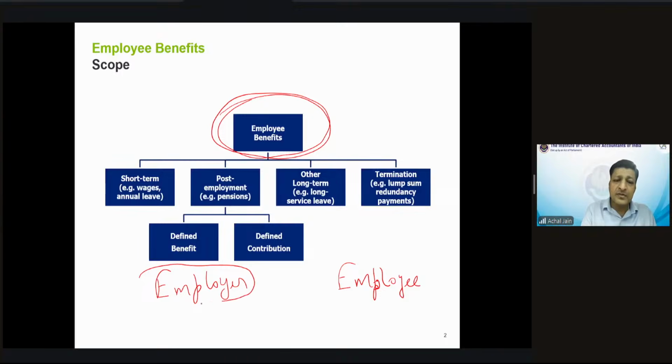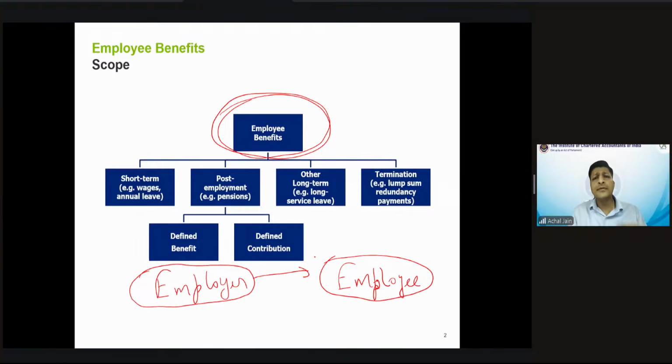Any benefit provided by the employer to the employee could be in cash, for example salary. It could be in kind, for example a car or any other asset given to the employee. Any bonus, gratuity, or leave encashment given.